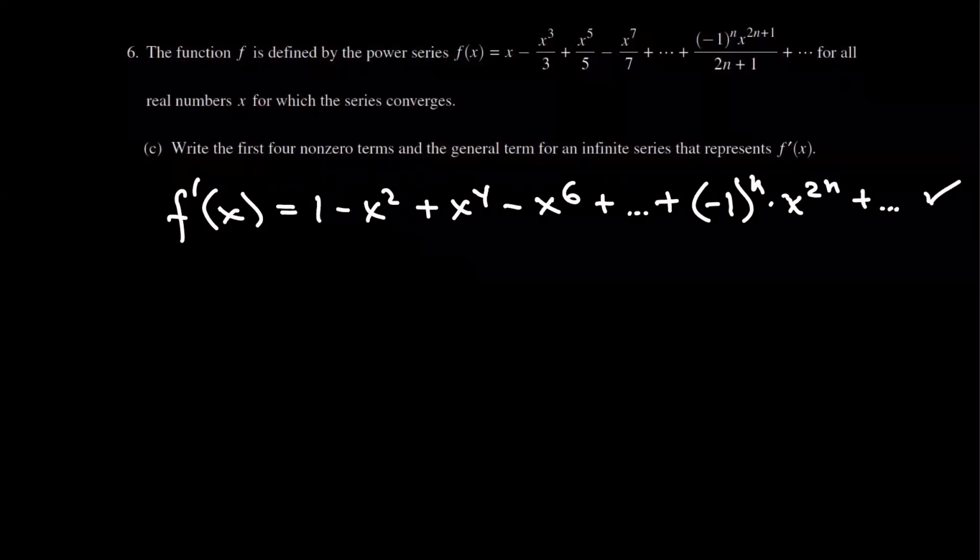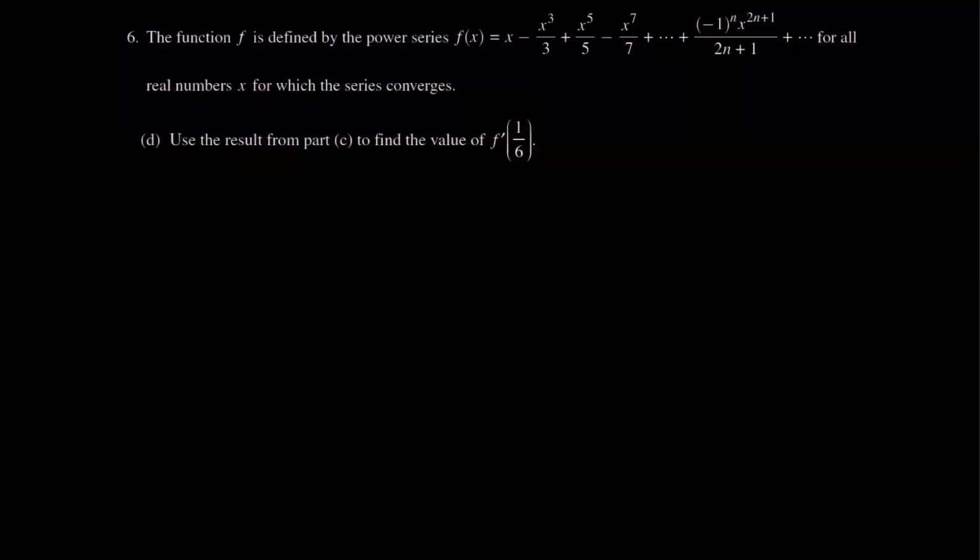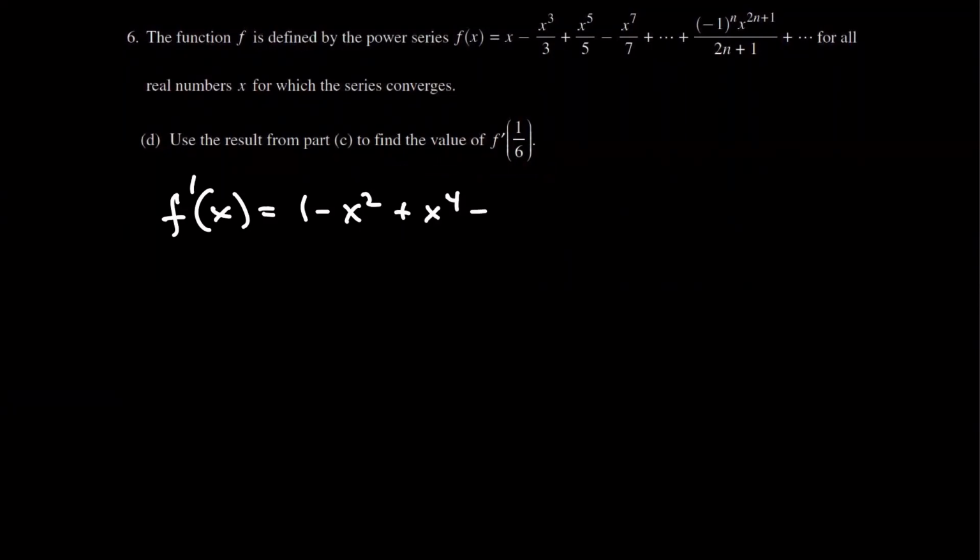Let's move on to the last question here. In this question, we need to find the value of f prime at the point 1 over 6. And so from part C, f prime of x is equal to 1 minus x squared plus x to the 4th minus x to the 6th plus and so on.